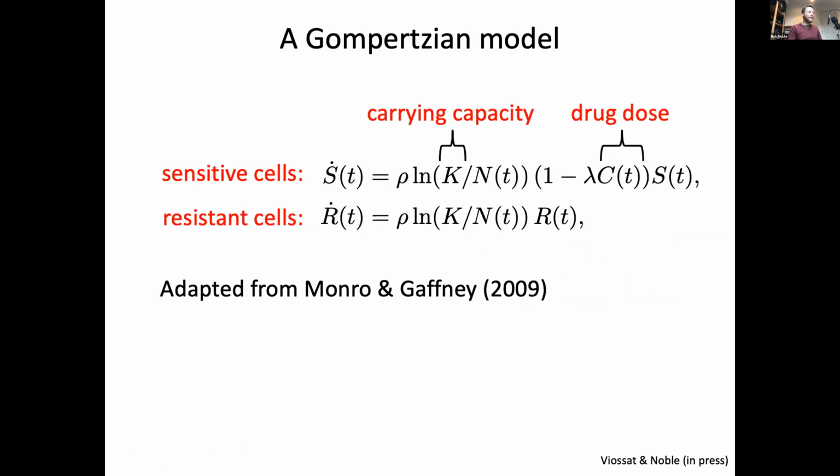If you look at this Gompertz model in particular, we like this model because it's very well studied, because it seems plausible in the case of cancer growth, and also because it's been previously studied by Monro and Gaffney, which gives us a good point of comparison. Here we have a carrying capacity K, and again, we have this drug dose C. These are our main parameters. And we have a lambda parameter here, but we usually set this to 1.